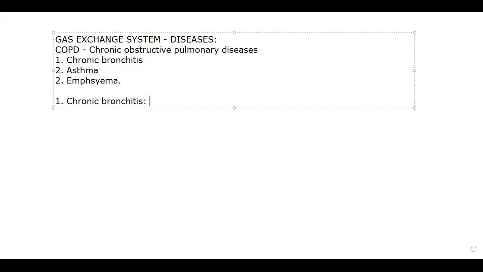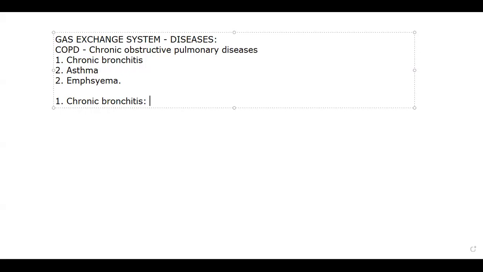So when we talk about chronic bronchitis, like I said, it is associated with smoking. In fact, it is known as smoker's cough, because it is often seen in people who smoke cigarettes.